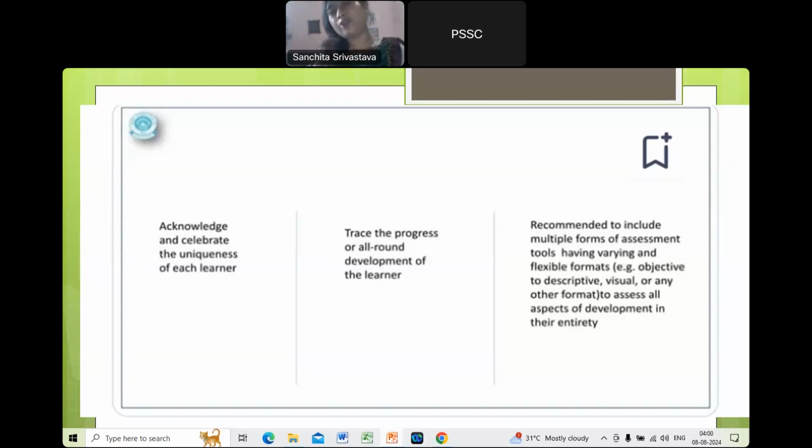In dyslexia, the child reads a mirror image reflection. That means we are reading from left to right, but the child who is suffering from dyslexia will see the word from right to left. So that is very difficult. You cannot read it that way. So the child has that problem.